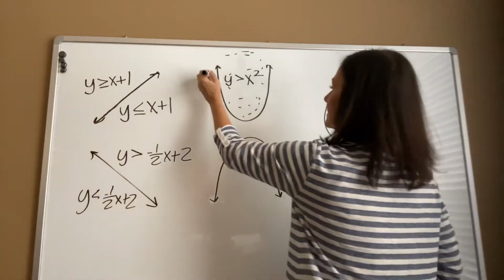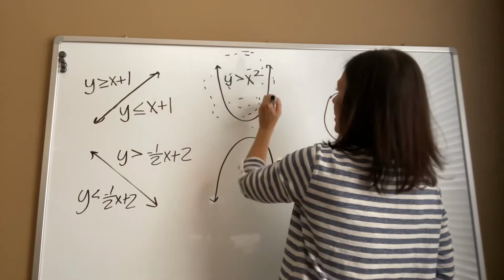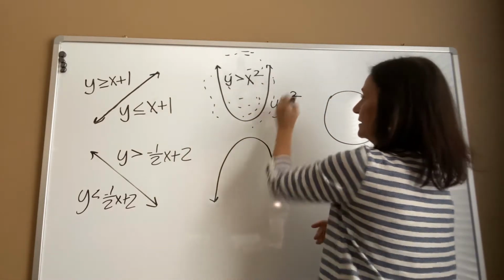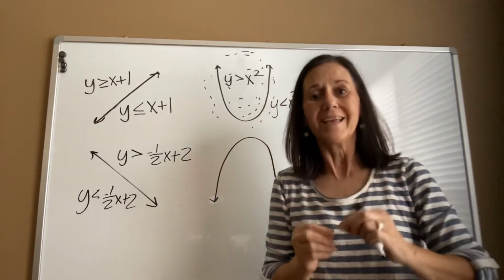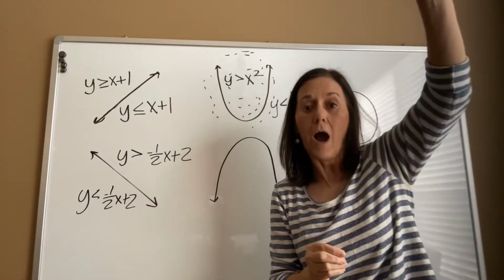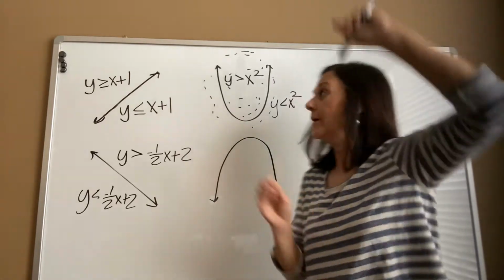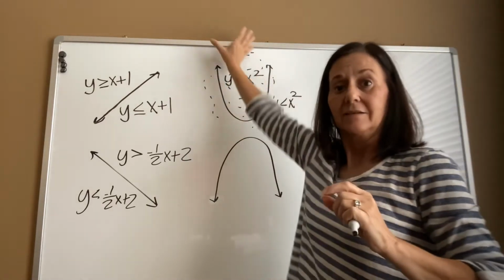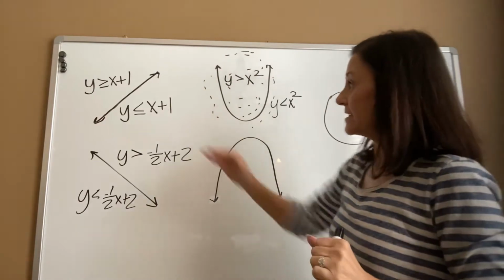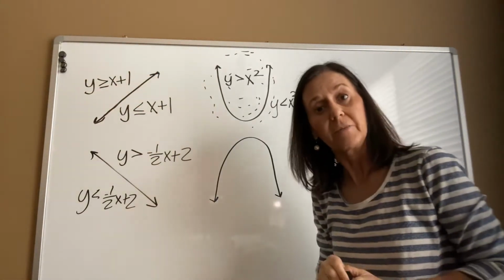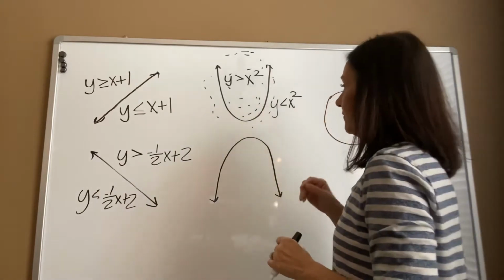Everything on the outside would have been y less than x squared. So we're thinking about going up the y-axis. Is y getting bigger? Then it's greater than here, okay? Same here. Going up the y-axis, y is always going to be greater than that value of x.